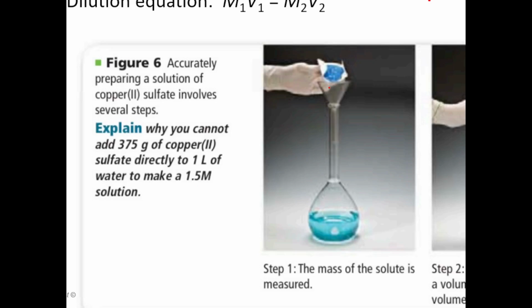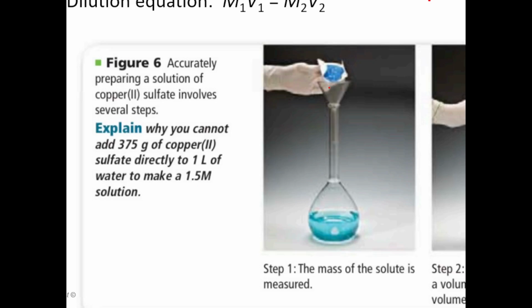And if I looked at my periodic table and I added up all the masses, I would get 375 grams for the mass required. I could not simply just take that 375 grams of that copper 2 sulfate salt and add it directly to the 1 liter of water. Because as soon as I add that 375 grams of the salt to the 1 liter of water, I no longer have a 1 liter solution.